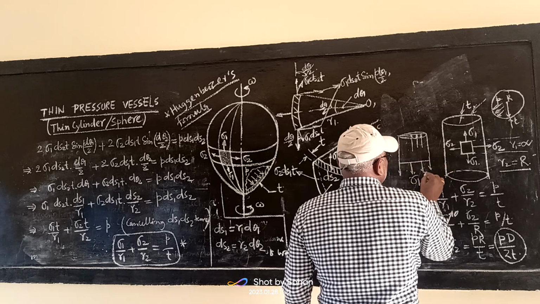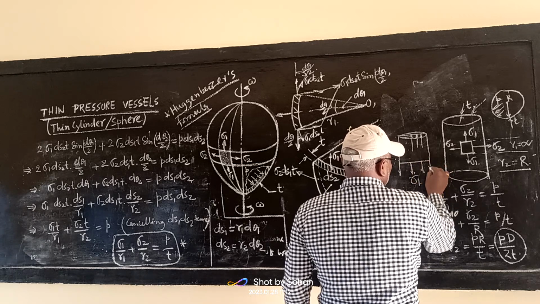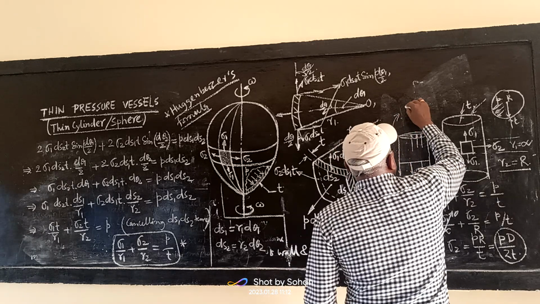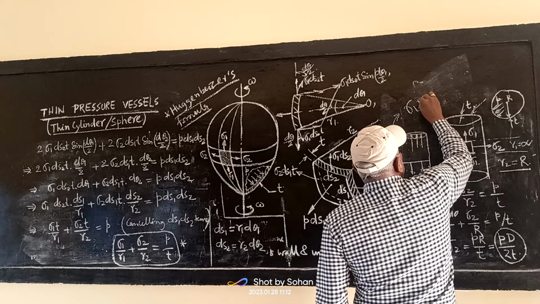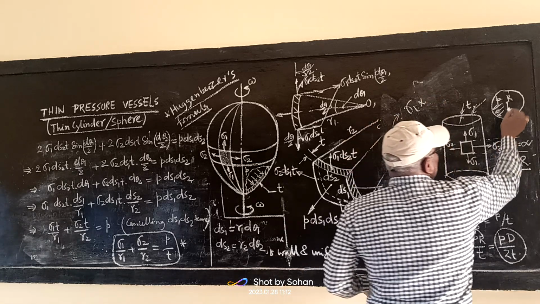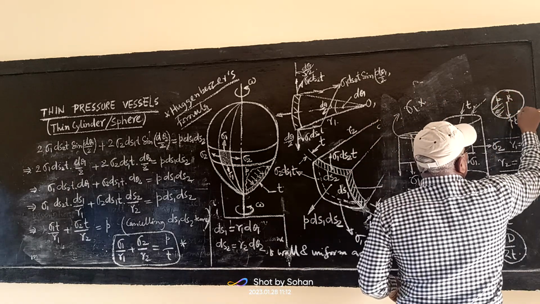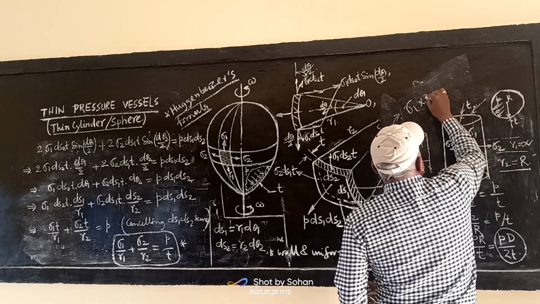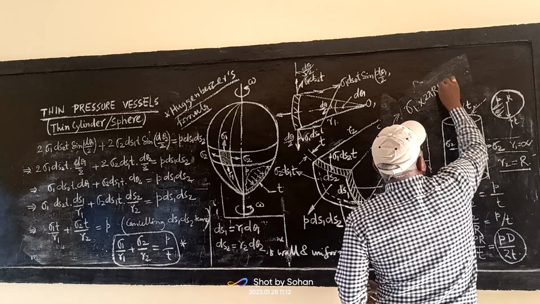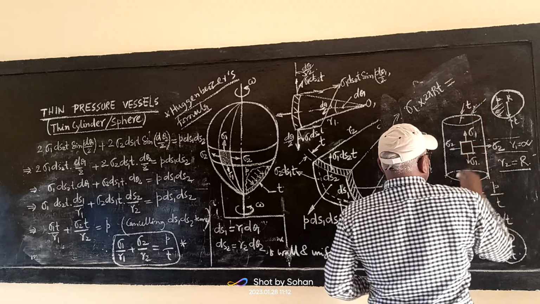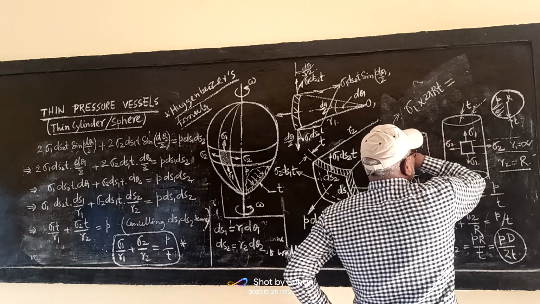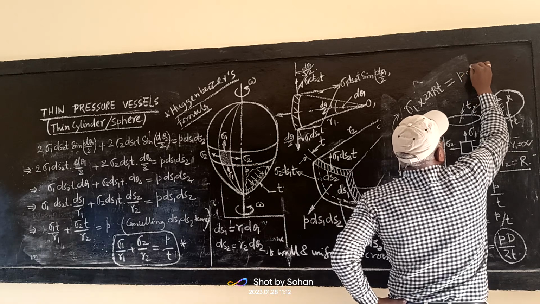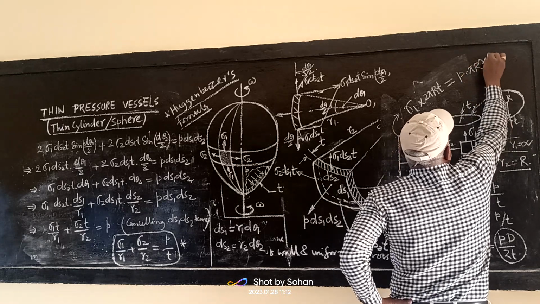So sigma 1 multiplied by the corresponding material area, which is the periphery times the thickness, 2 pi r into t, is equal to the pressure force exerted, that is P into pi r square.